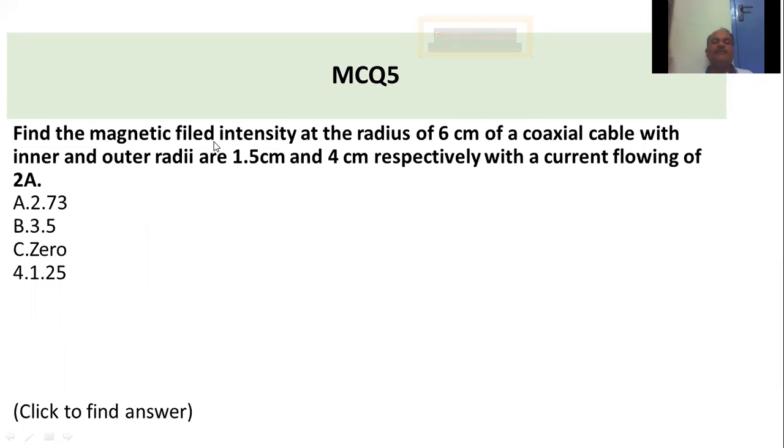And find the magnetic field intensity at the radius of 6 centimeter of a coaxial cable with inner and outer radii of 1.5 centimeter and 4 centimeter respectively, with a current flowing of 2 amperes. So this can also be calculated, and the answer is 0. So this is about this chapter, and I hope you enjoyed this. Thank you.